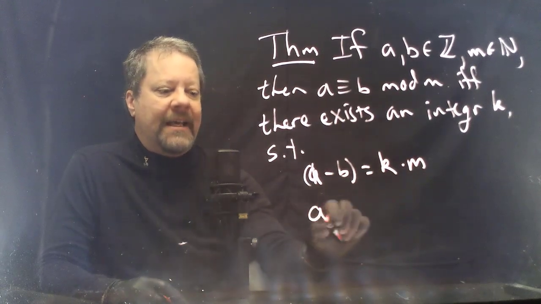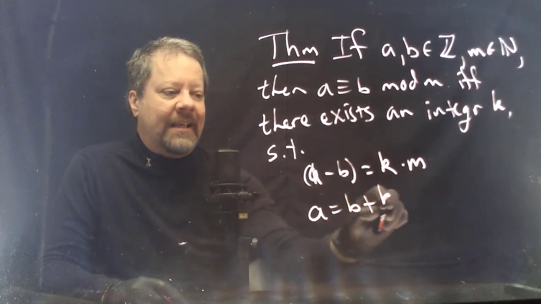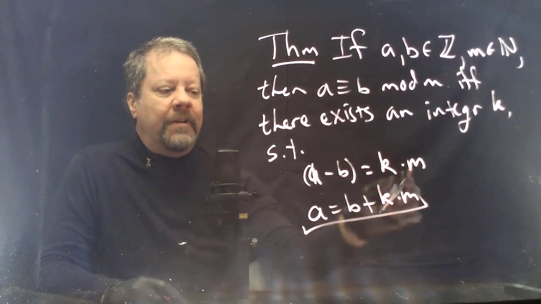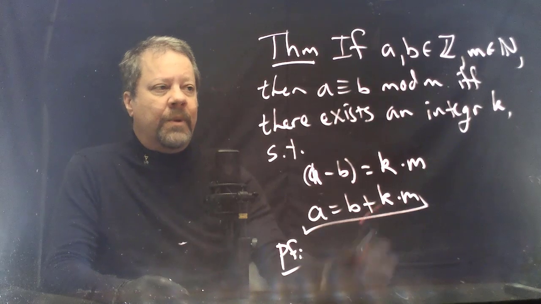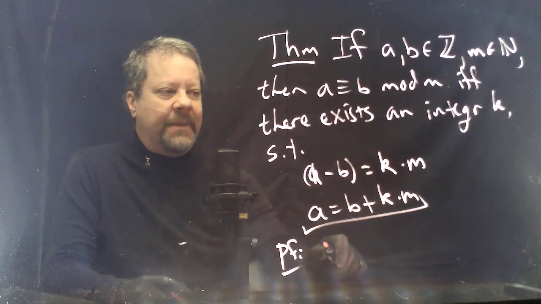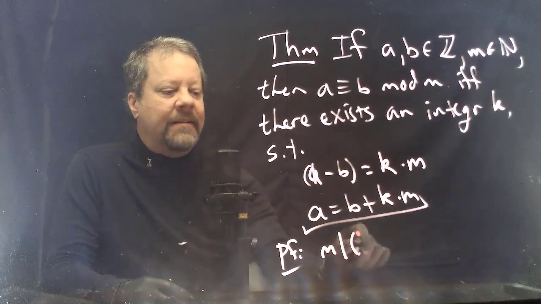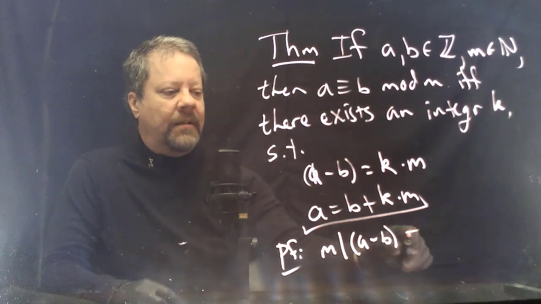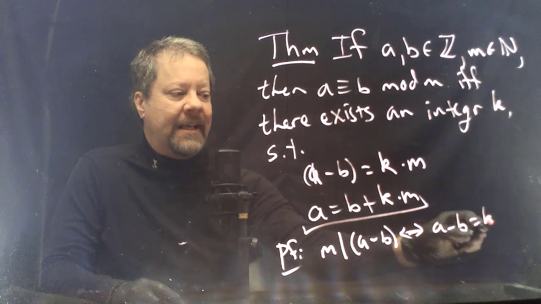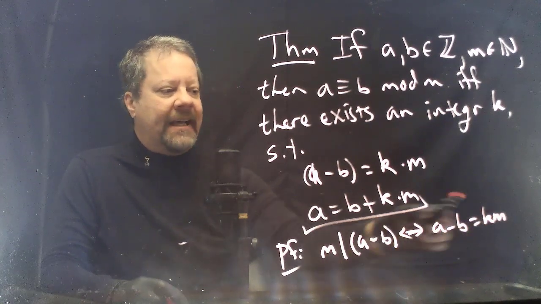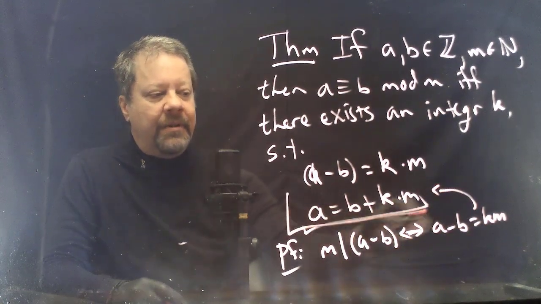In other words, a is b plus k times m for some integer k. The proof is very straightforward. We said a is congruent to b mod m if and only if m divides a minus b. That's equivalent to a minus b is k times m for some integer k, and that easily reduces to this formula here.